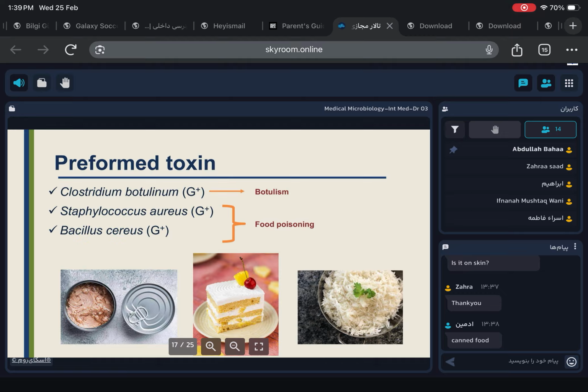I mean, Clostridium botulinum is able to produce the toxin also inside the body, but it's also able to produce its toxin in the food.